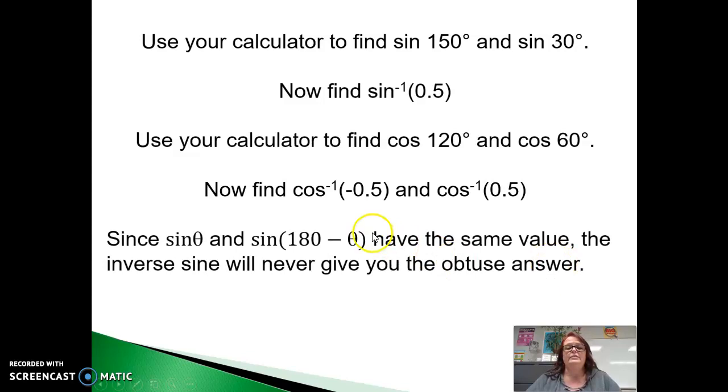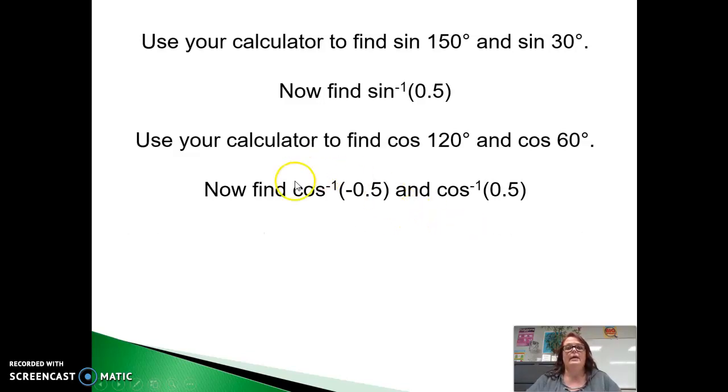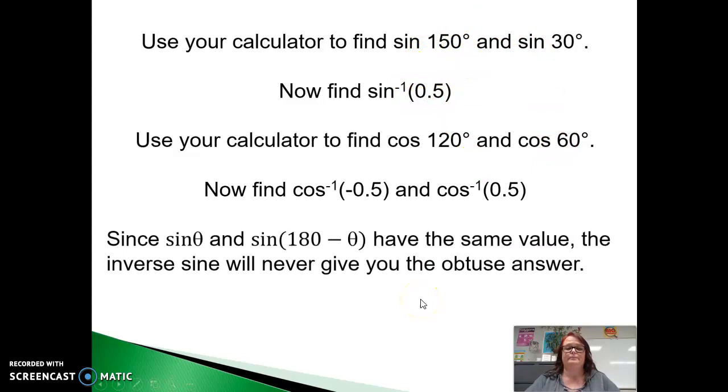You'll notice that with the inverse cosine of the negative, we did get that obtuse value of 120. And with the positive value, we did get that angle measure of 60 degrees. So cosine does allow you to find obtuse angle measures, but sine does not.